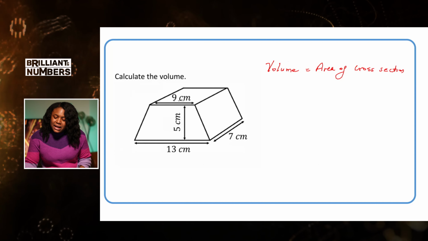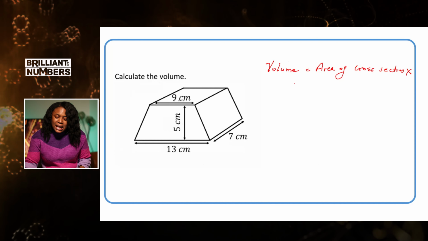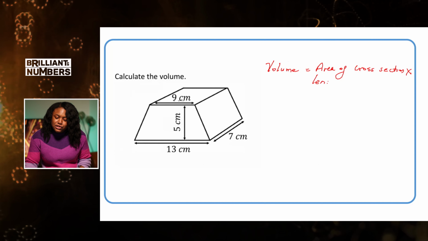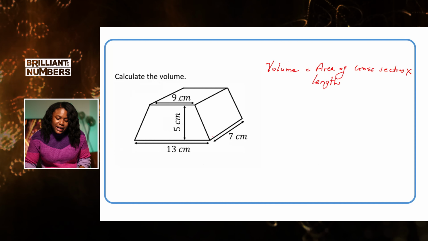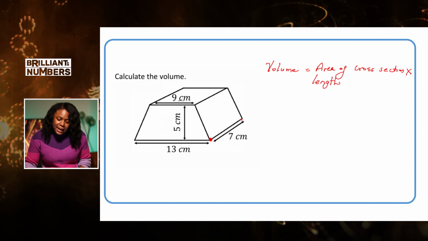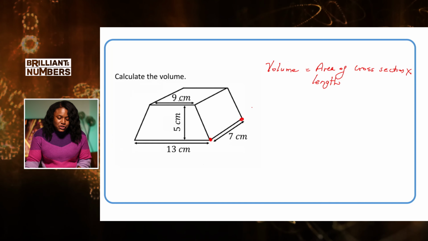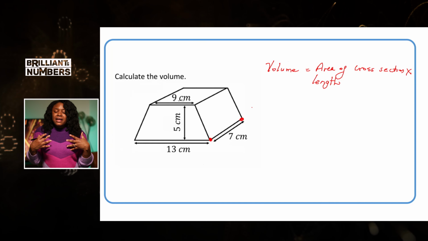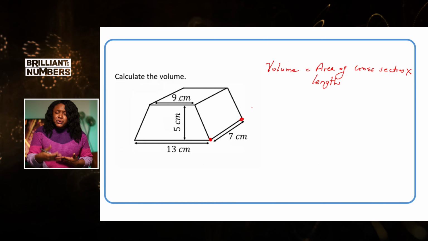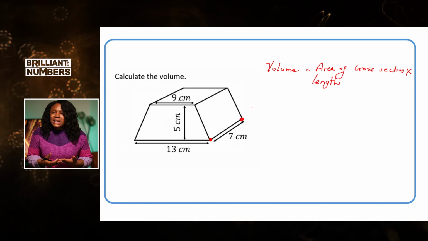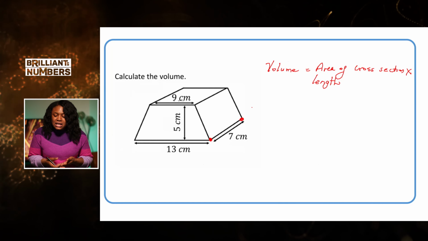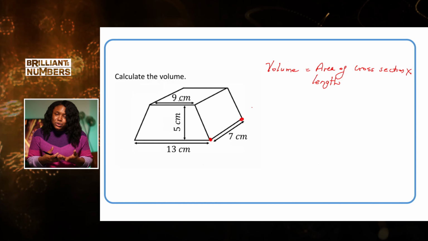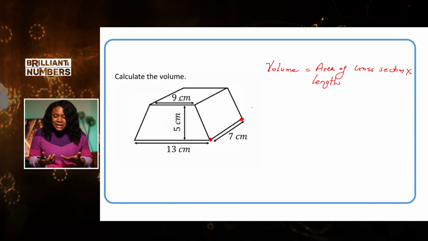and I'm multiplying that by the length, which is the distance from the front of the shape to the back of the shape. Awesome. So we can see here that if I slice this uniformly, I will always get a trapezium. Hence, the area of the cross section will be the area of the trapezium.